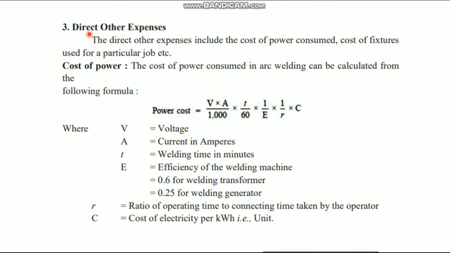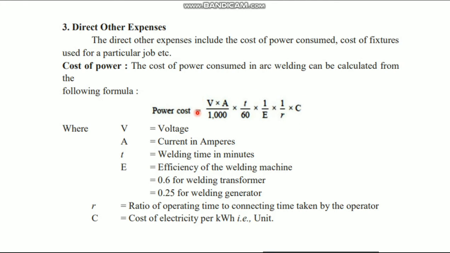Then other direct expenses are mainly the cost of power. The cost of power can be calculated by using this formula: V times A by 1000 times T by 60 times 1 by E times 1 by R times C. These are known terms.